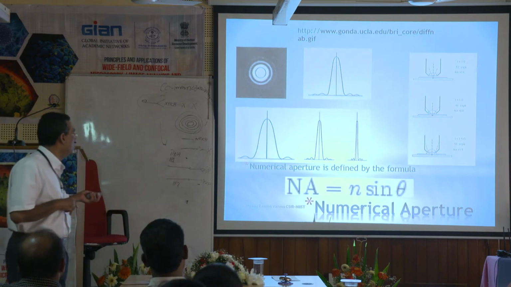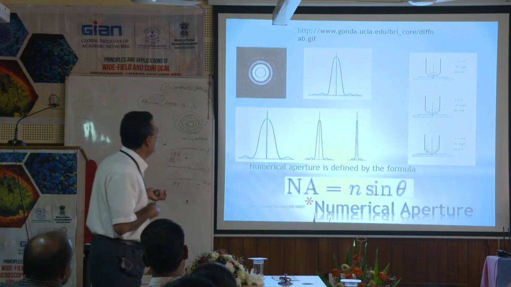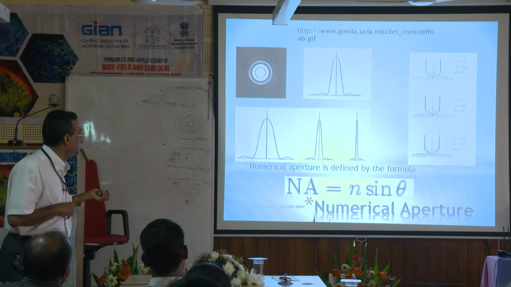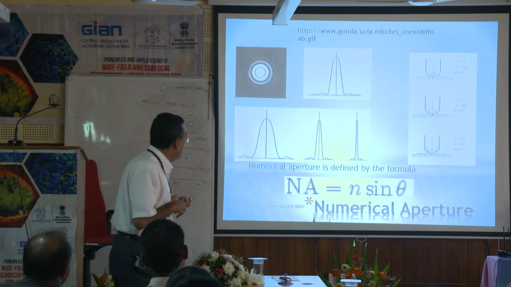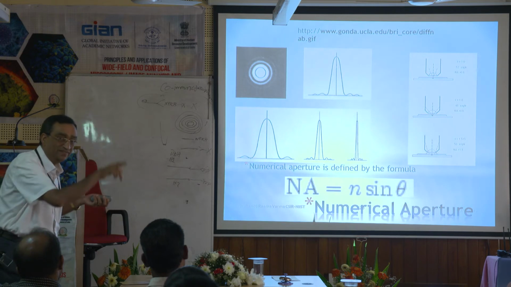Here I am defining the numerical aperture. The numerical aperture of a lens is defined as n sine theta, where n is the refractive index and theta is the semi-angle of collection of the rays.